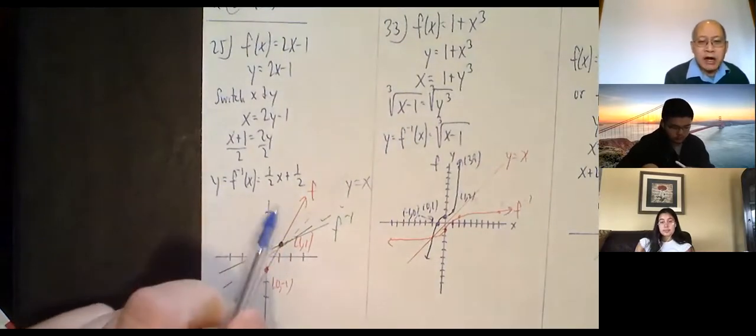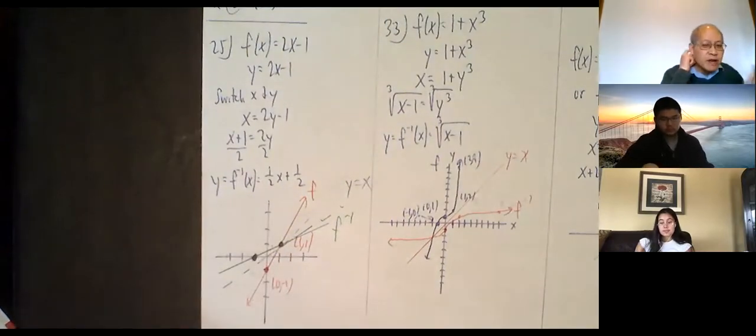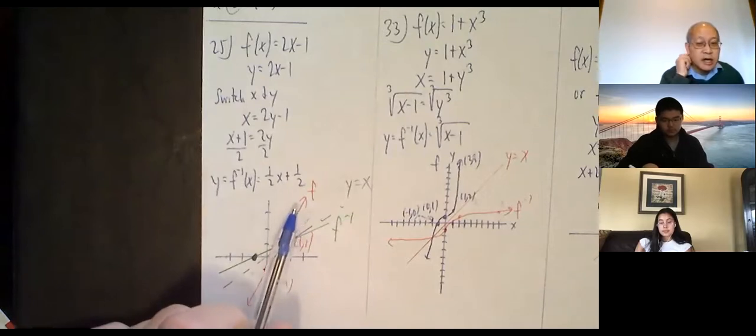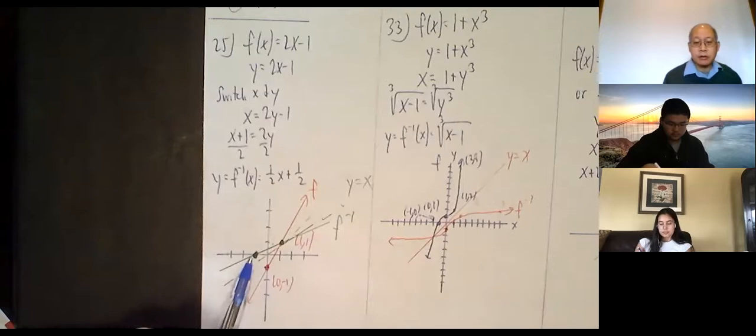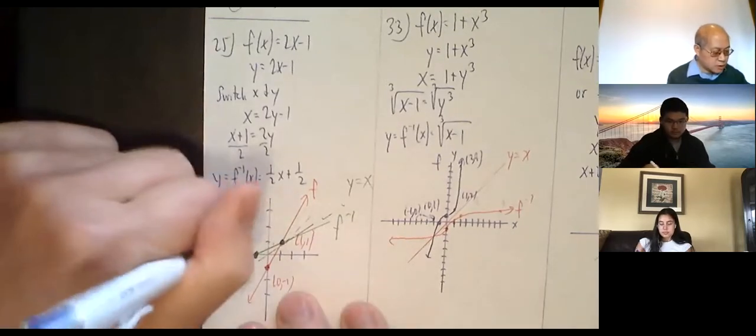Okay, now how do I graph the inverse? Because 1/2, frankly, is kind of clumsy. I think the easier way to graph it is this. Just take these 2 points and switch them around. So if I switch around 0, negative 1, I get negative 1, 0. That's over here. Maybe I'll write that for you for emphasis.